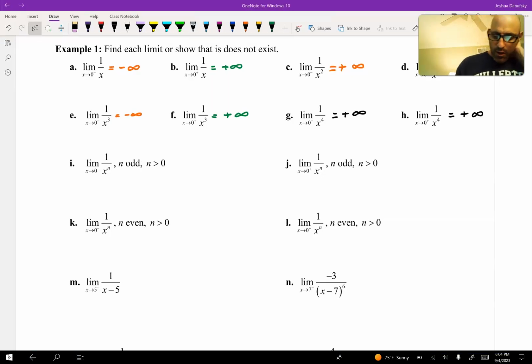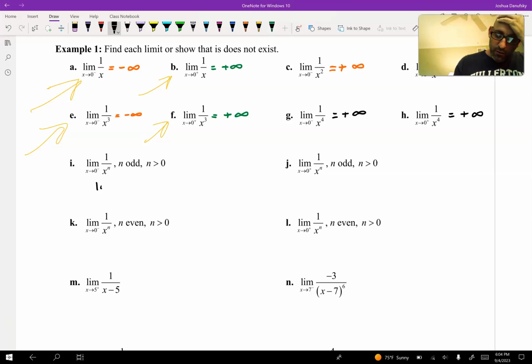So now, if n is odd, that actually is this situation here and this situation here, right? All of these, okay? And as we saw, depending on whether you're below 0 or above 0, you're approaching negative infinity from below and positive infinity from above.